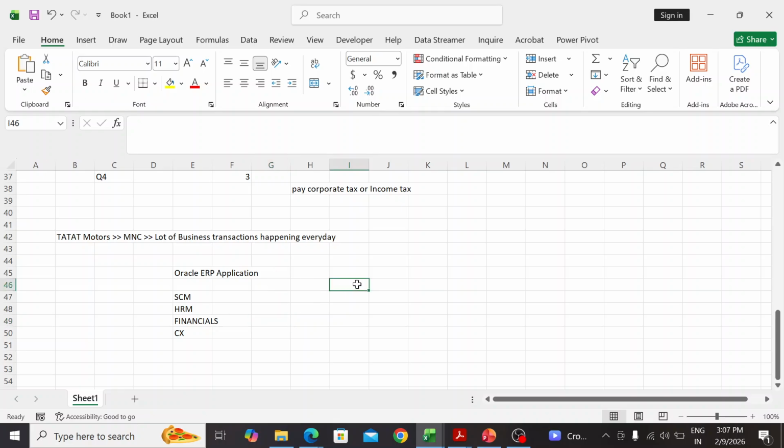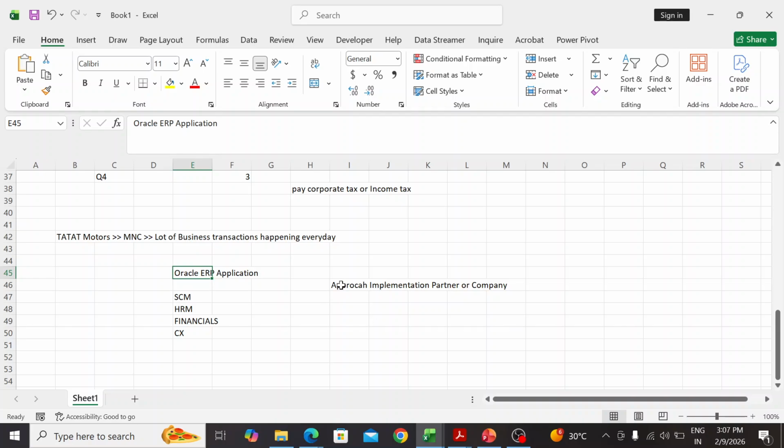First, they will approach the implementation partner or implementation company. Tata Motors itself cannot do the implementation of this ERP. Implementation is nothing but installation.